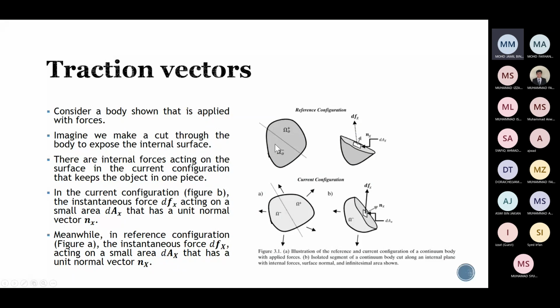So imagine we make a cut through the body to expose the internal surface. There are internal forces acting on the surface in the current configuration that keep the object in one piece.